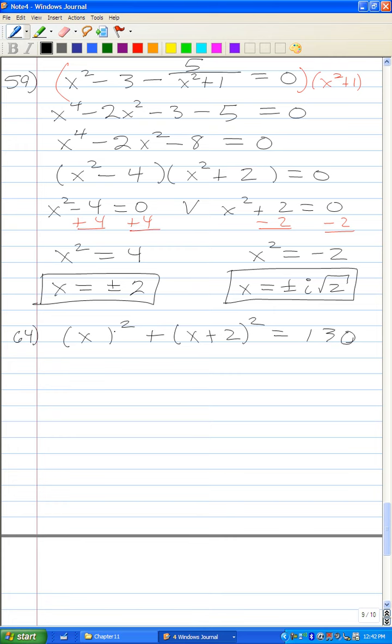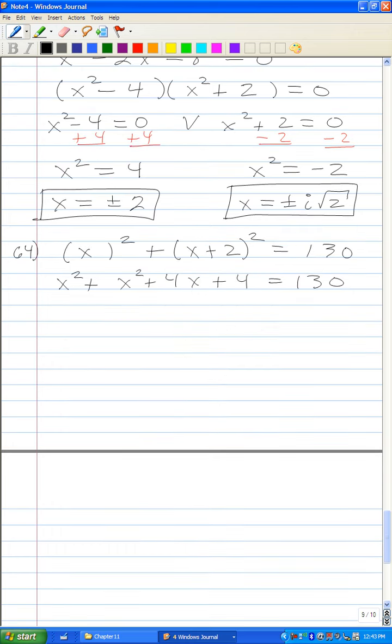Let's solve this equation. So we get x squared plus 4x plus 4 is 130. Combine like terms. So I get 2x squared plus 4x plus 4 is 130. Subtract 130 from both sides of my equation.